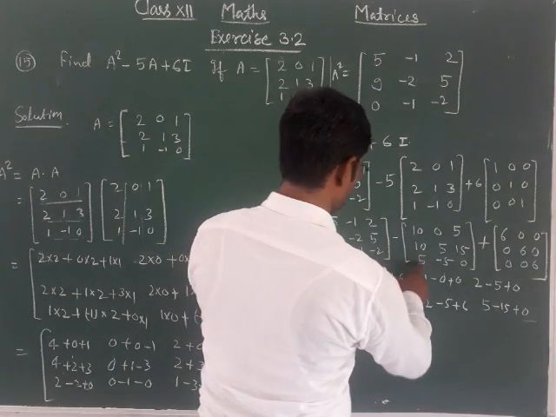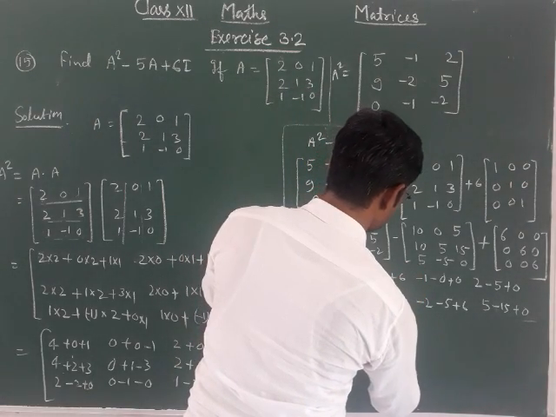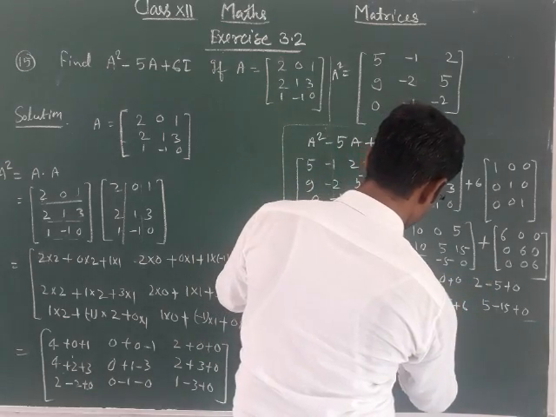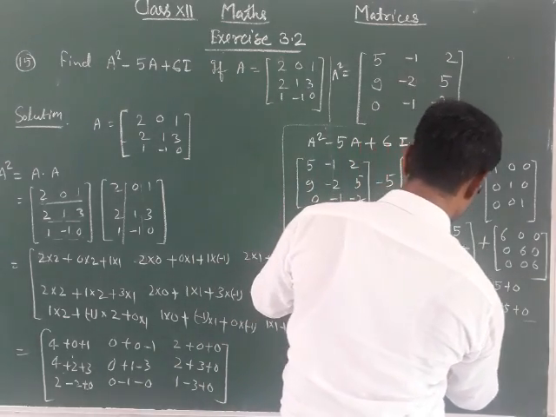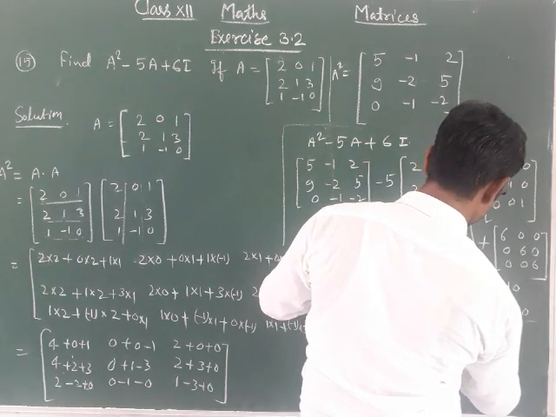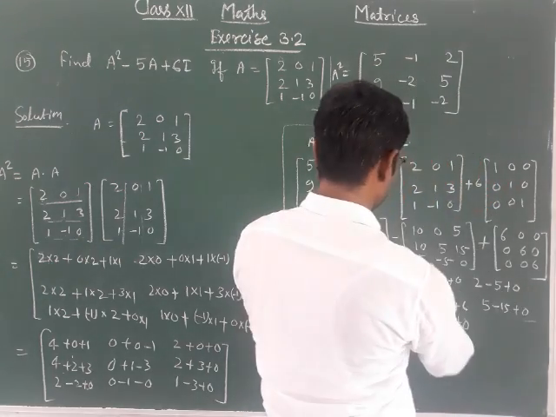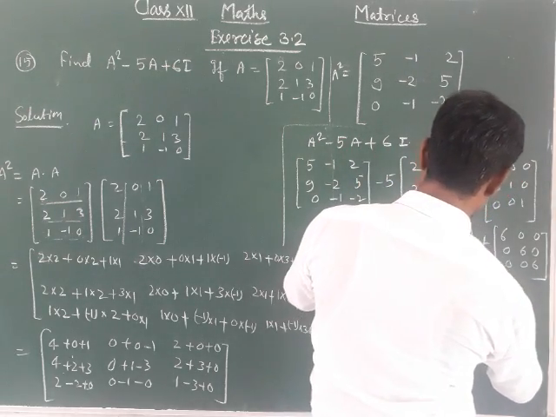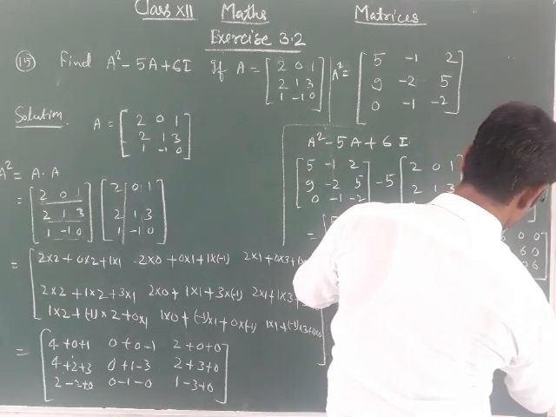So 0, 0, minus 5 and plus 0. Now minus 1, this is plus 5 and plus 0, and also minus 2 minus 0 and plus 6.